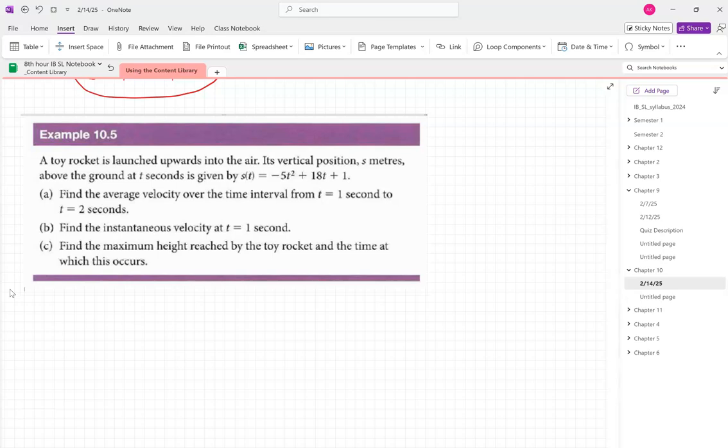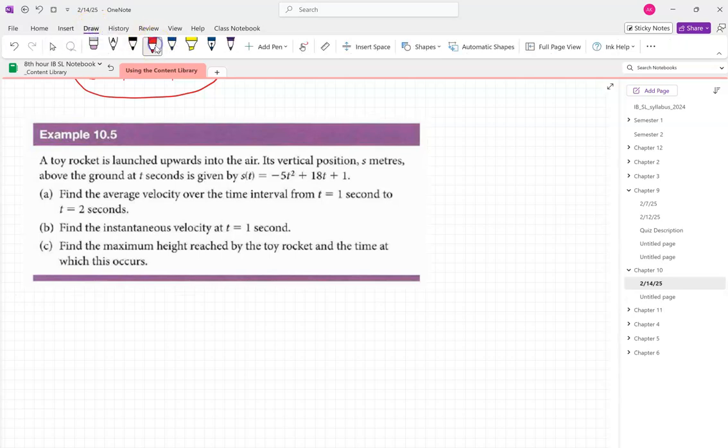All right. Next example. It says a toy rocket is launched upward into the air. Its vertical position, s meters above the ground at t seconds, is given by the function s of t equals yada, yada, yada. Part A, find the average velocity over the interval from 1 to 2 seconds. When you hear average and then of a rate, what does that mean?